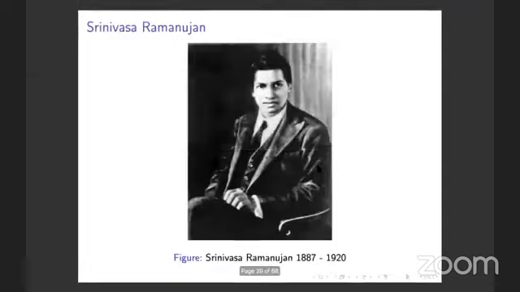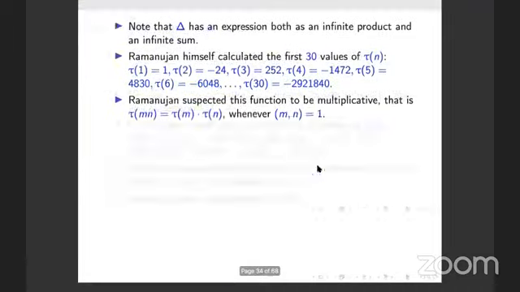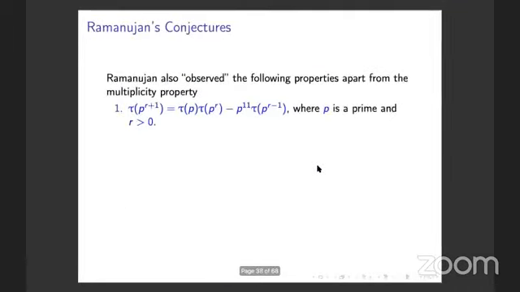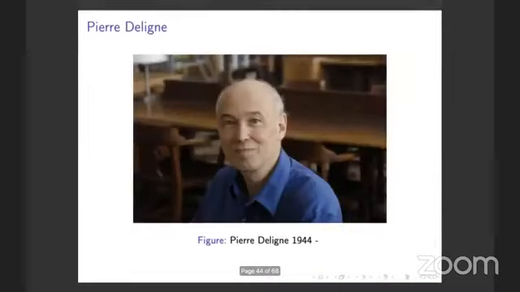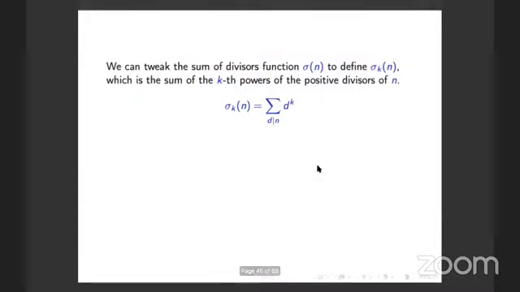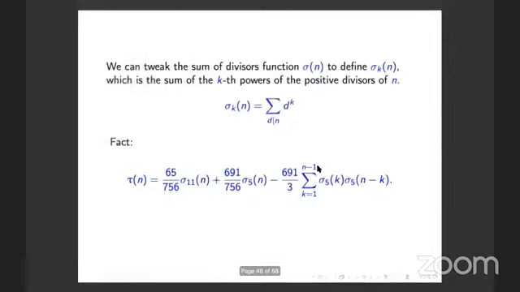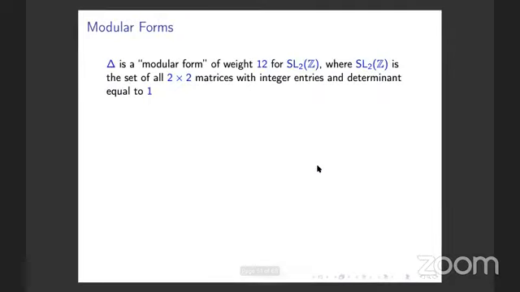Okay, so it is a modular form. What does it mean for something to be a modular form? Remember I mentioned that you should really think of delta as a function on the upper half plane, a function of a complex variable in the upper half plane. Let's define modular forms, but I'll start by saying that delta is a modular form of weight 12 for SL2Z. Think of this as a mantra: it's a modular form of weight 12 for SL2Z.